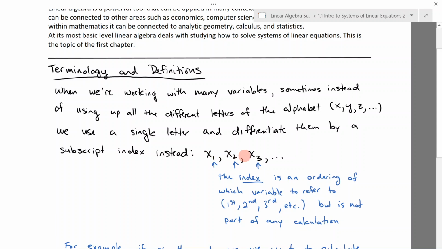Right, so here I'm using the subscript index notation, where I'm using the letter x to denote each of the different variables, but then I put a subscript below and to the right of the variable x to differentiate between them. So the indexing goes 1, 2, 3, 4, 5, 6, and so on, and it basically just tells you that x1 is the first variable, x2 is the second variable, x3 is the third variable, and so on.